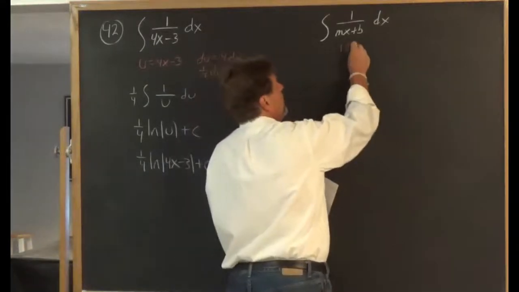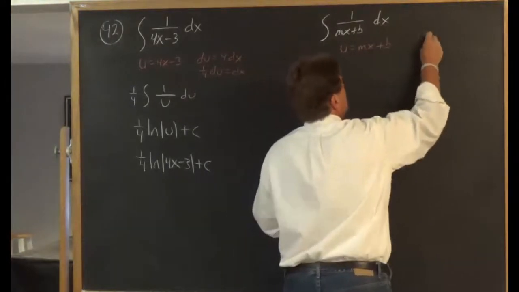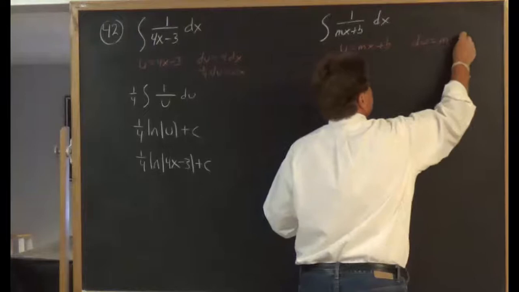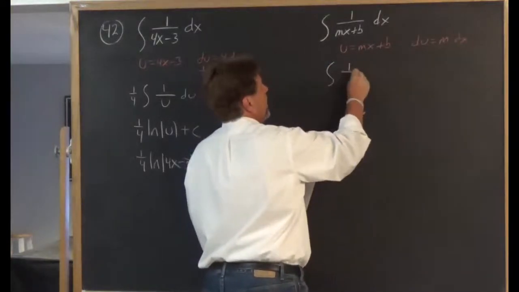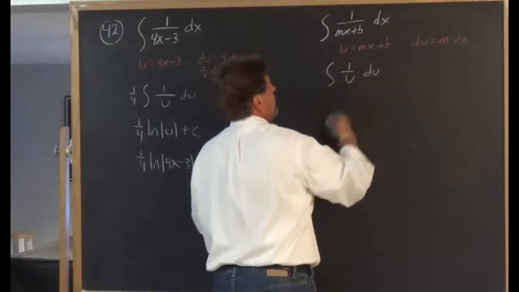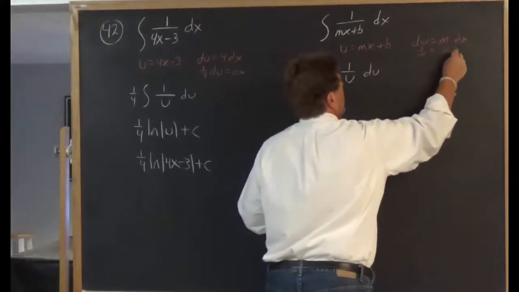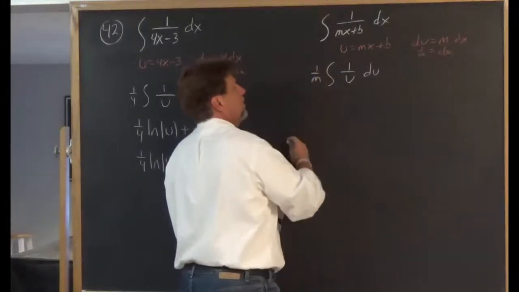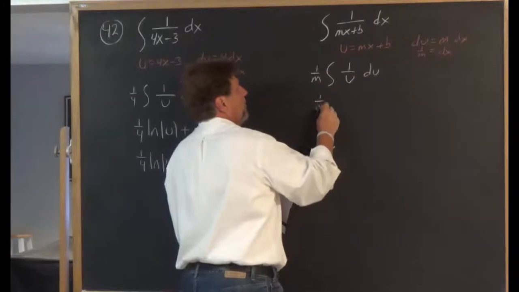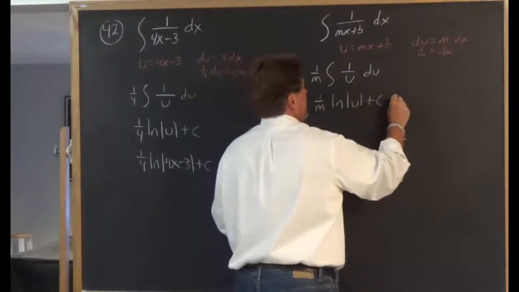We can let u equal mx plus b. du is just m dx. We substitute in, we get a 1 over u du, where 1 over m is equal to dx. So we get 1 over m, natural log, absolute value of u plus c.